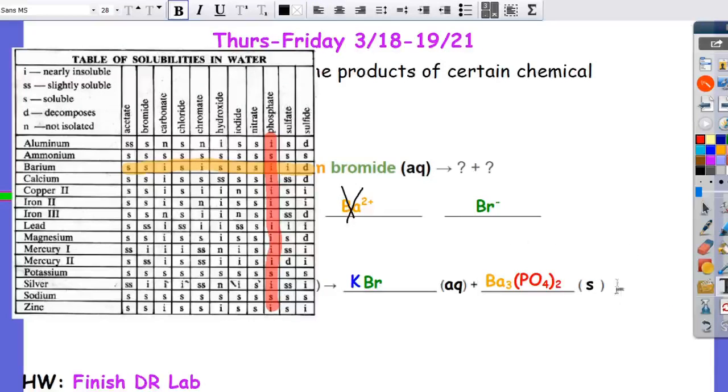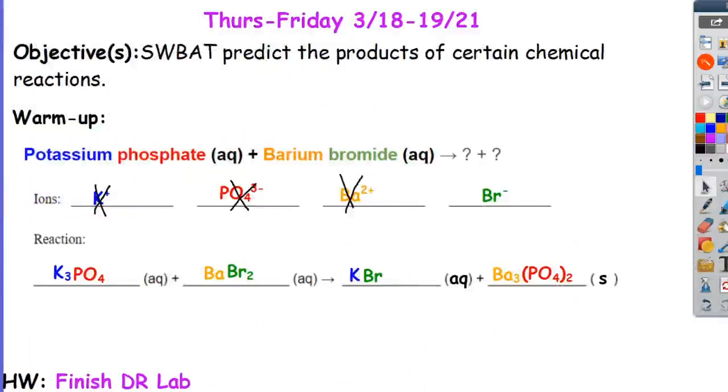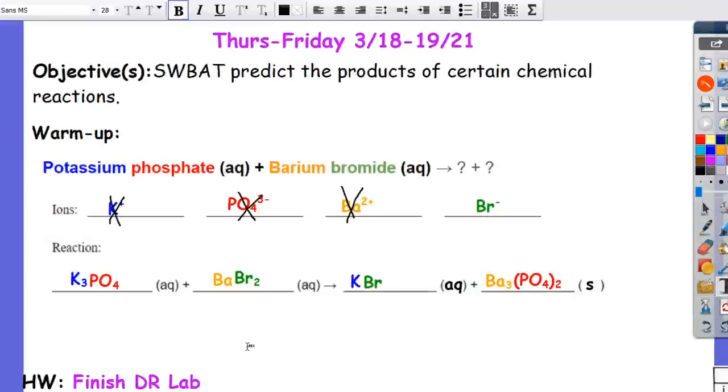So these are our states of matter. KBr is dissolved or aqueous, and barium phosphate is a solid. That is your answer to the fourth question. And then your last question, number 5, asks, does a reaction take place? The answer is yes. We got at least one product that was a solid or a gas.